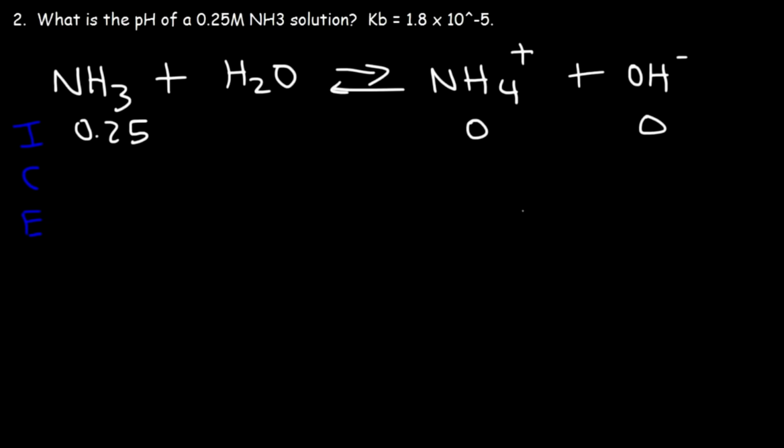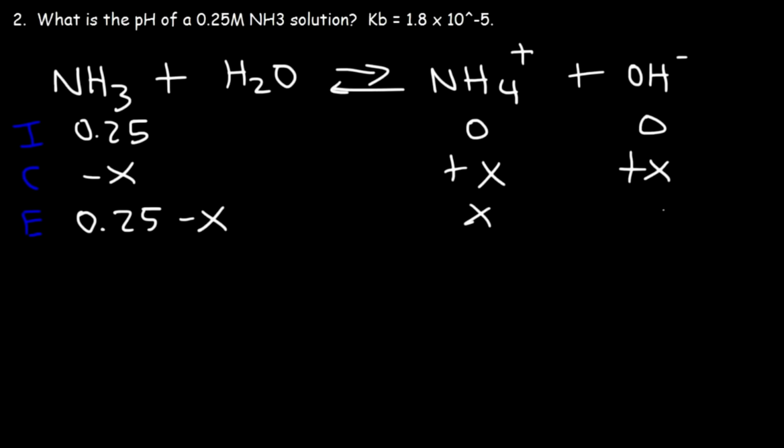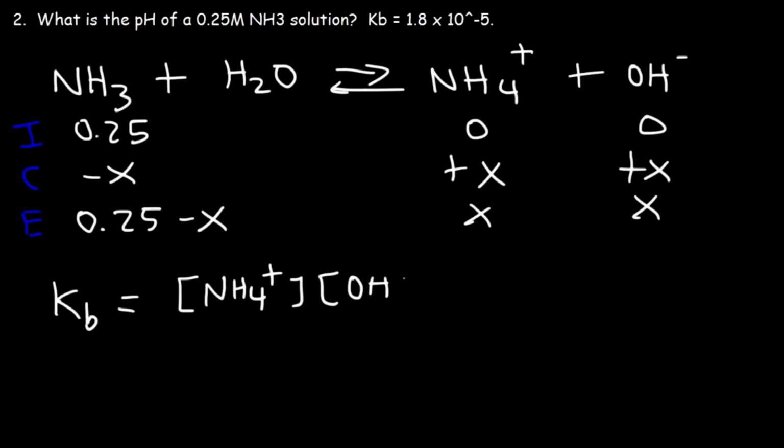The products will begin at 0, and the reaction will initially shift towards the right. Adding the first two rows, we're going to have 0.25 minus x, and x, and x. So Kb, like any other equilibrium constant K, is going to be the concentration of the products divided by the reactants.